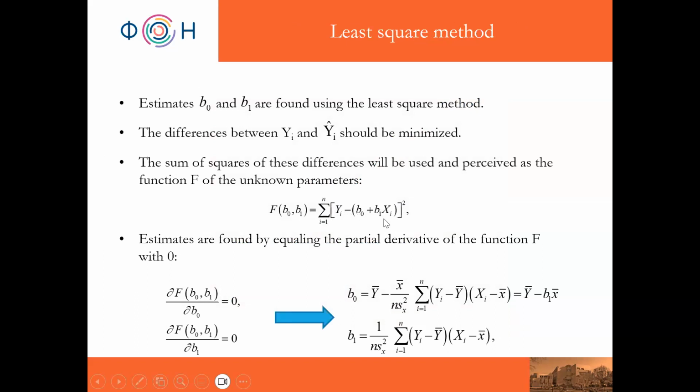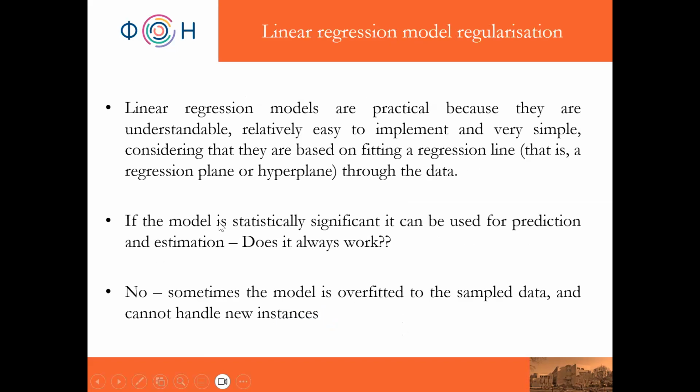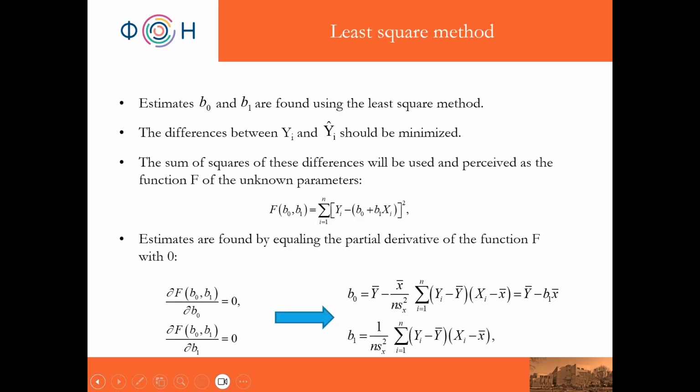The idea is to try and find a line which is going to go through our data so that the difference between what we have measured on our sample and what we have estimated on our model is the least possible.